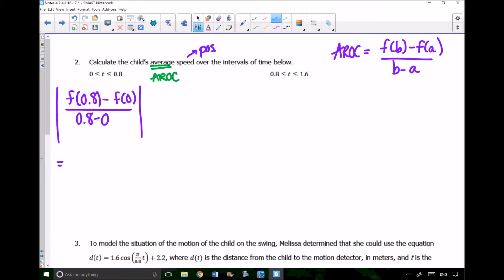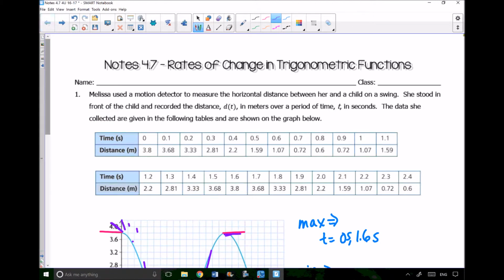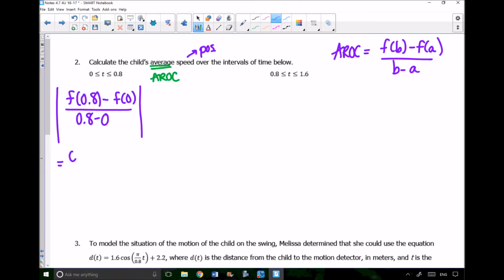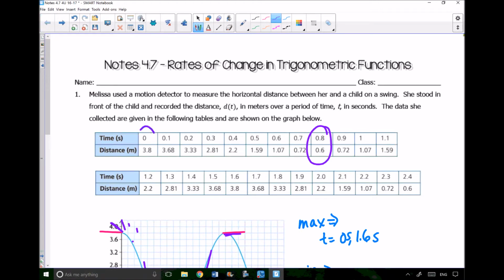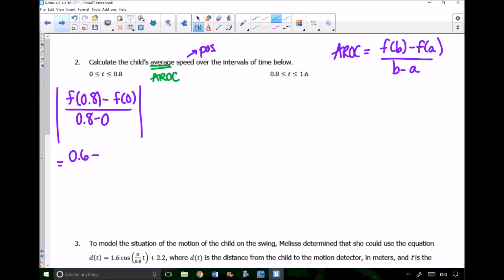So when I look at my chart, I'm going to figure out what f of 0.8 is. I go to 0.8 and I realize that f of 0.8 is 0.6. So I'm going to plug in 0.6 minus, then I'm going to go to my chart again and figure out what f of 0 is. Well, f of 0 is 3.8. So it'll be 0.6 minus 3.8 over 0.8 minus 0.